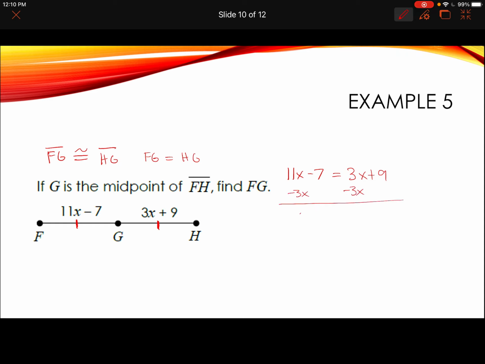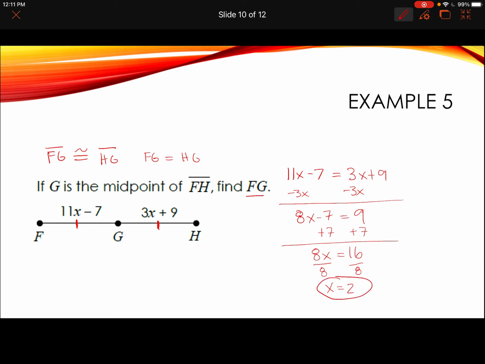We get 8x minus 7 equals 9. And then we add 7 to both sides. So that's going to give us 8x equals 16. We divide both sides by 8. And so we get x equals 2.